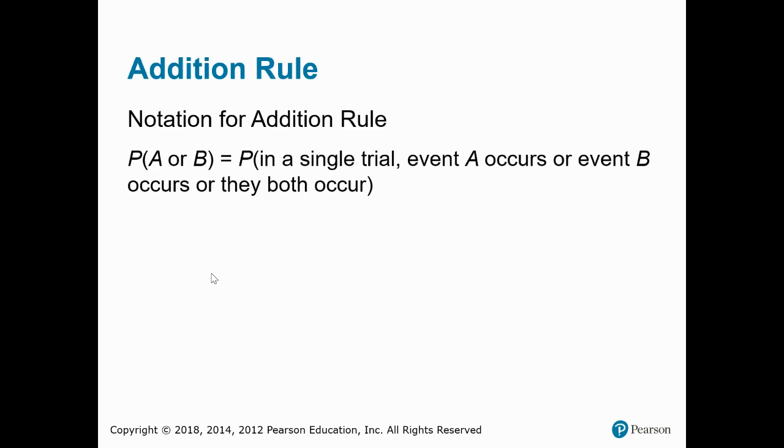So when we're talking about the addition rule, again we're looking for that compound word or in our sentence or the questioning. Sometimes they'll write it out and give you that probability statement, probability of event A or event B, or like probability of me flipping a coin and rolling a die.